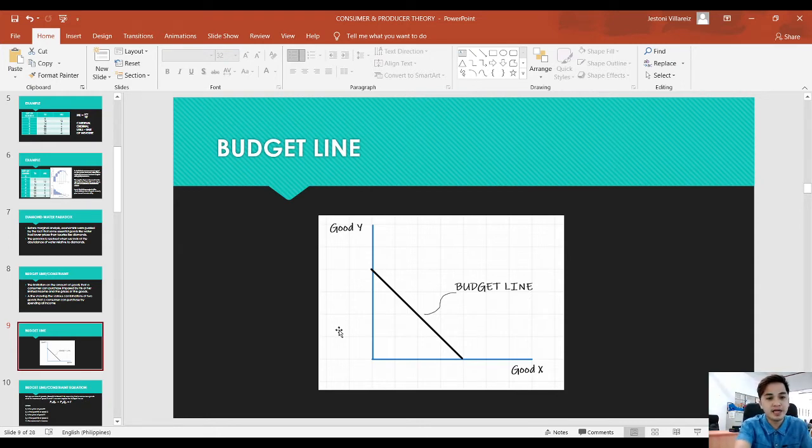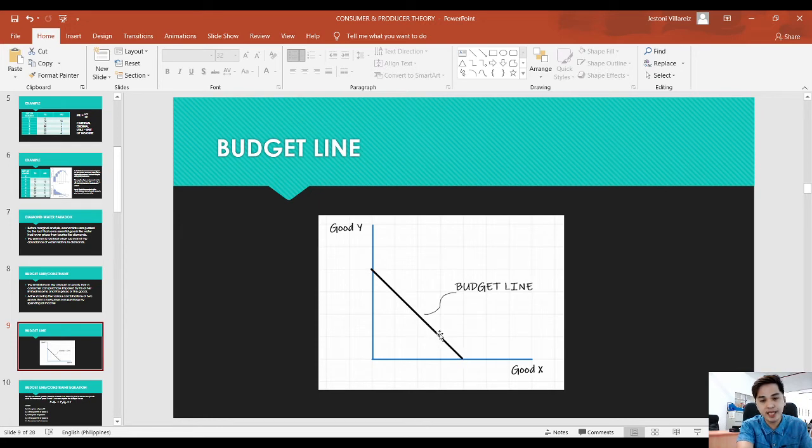Now, to make our analysis very simple, let's say we have two goods, good Y and good X. If you are to choose a combination of good X and good Y, the combination you choose should be just along your budget line.